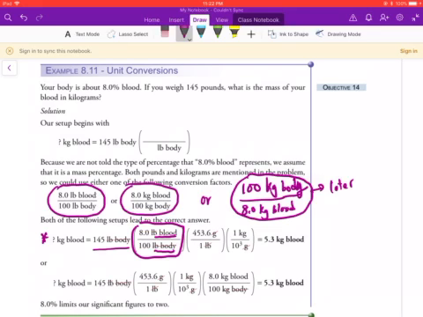After this you get the blood weight in pounds. Then you go from pounds to grams, a conversion factor you were shown a while ago, and since the question wants kilograms, you then go from grams to kilograms. This is what I suggest you use, and your book used the alternative way.